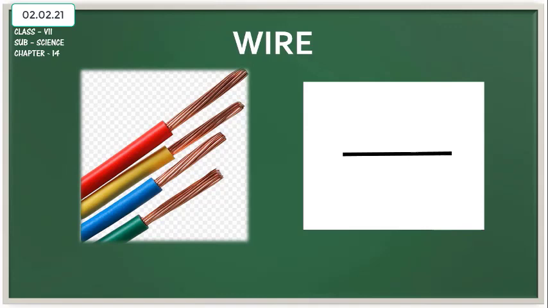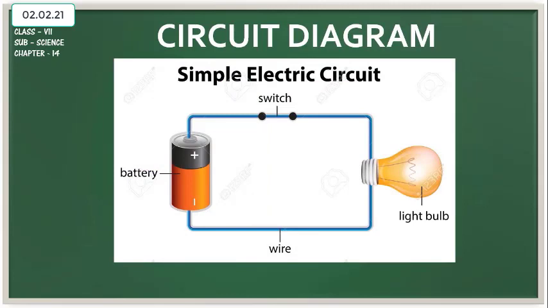It is very convenient to represent various electrical components such as cell, battery, bulb, etc. by symbols. By using these symbols, electric circuits can be represented conveniently by drawing their circuit diagrams. What is a circuit diagram?